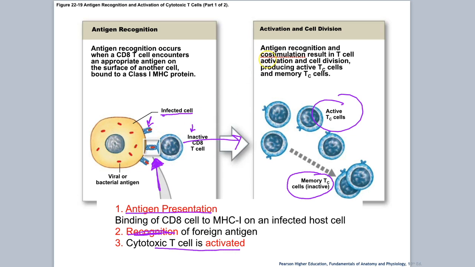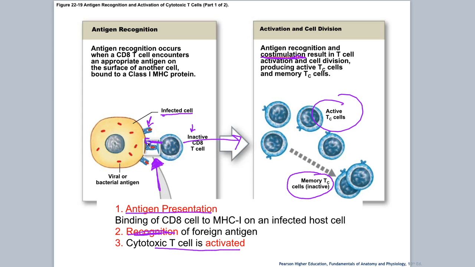So we're going to go through a process during T cell activation called co-stimulation, where the T cell, before it becomes activated, has a second protein interaction with the infected host cell.